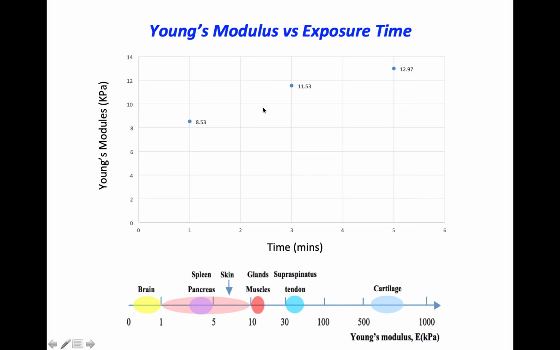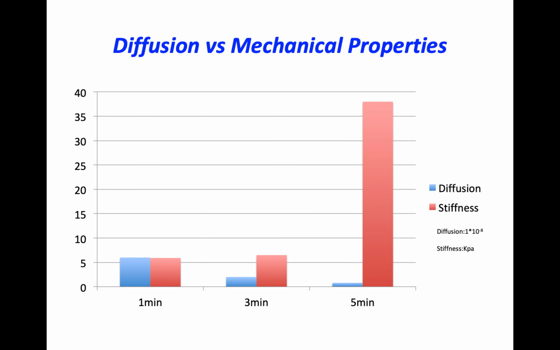So generally speaking, for the hydrogel I'm using, the Young's modulus is around 10 or something. So it's very similar over here. So the stiffness is very similar to our skin. So that's the diffusion versus the mechanical property.